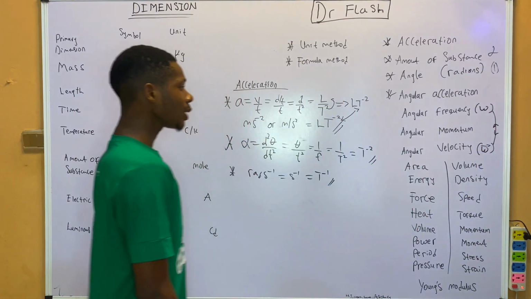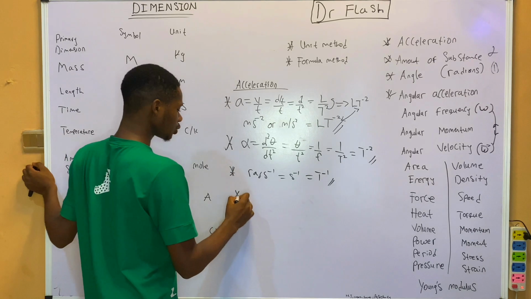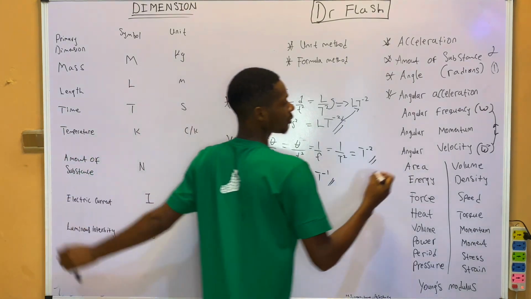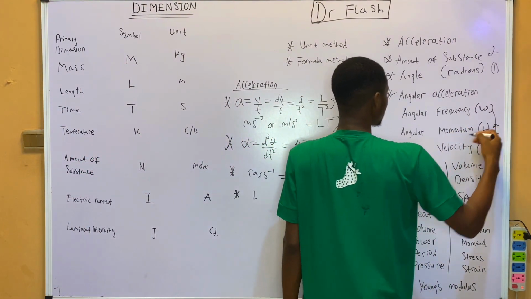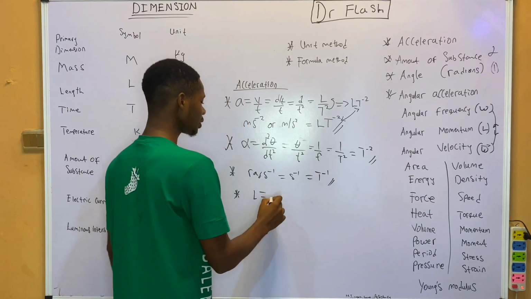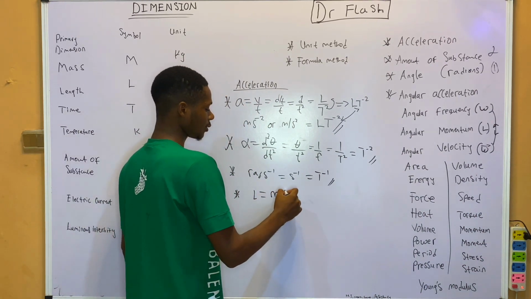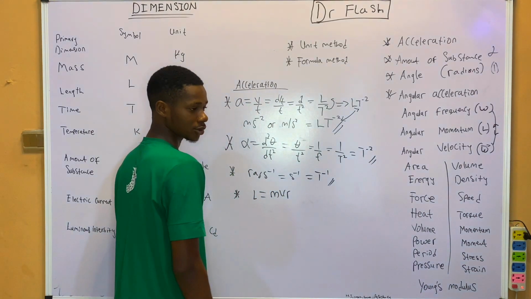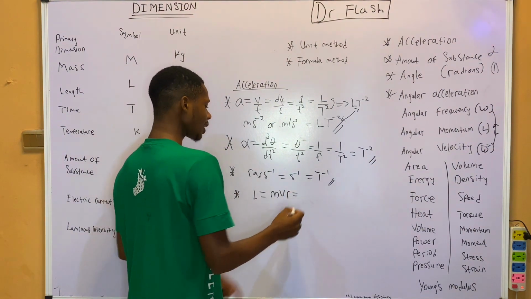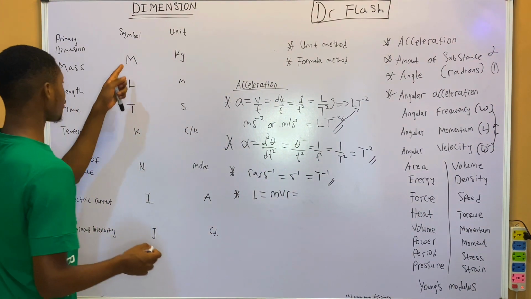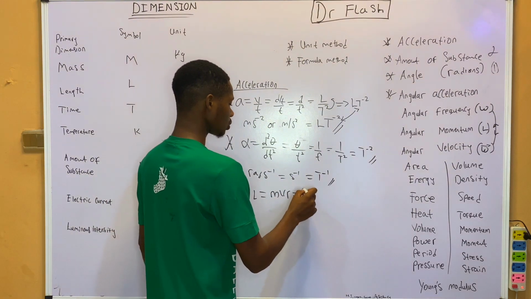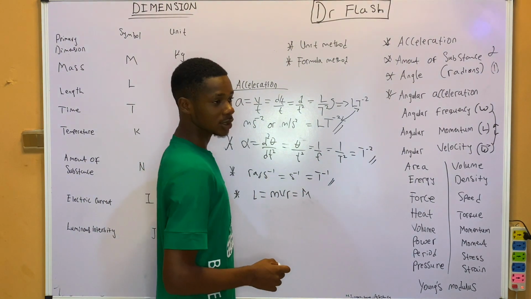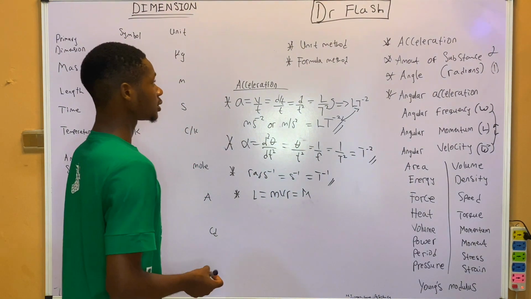And then for angular momentum, designated as L, let me write it in brackets. Angular momentum is L, and it is equal to the product of mass, velocity, and radius. Now mass has a dimension of what? Of capital letter M. And then velocity. Let's get the dimension for velocity.